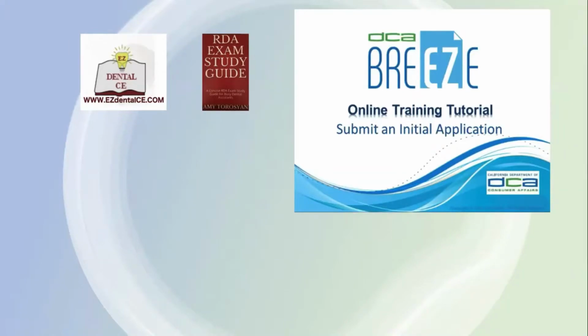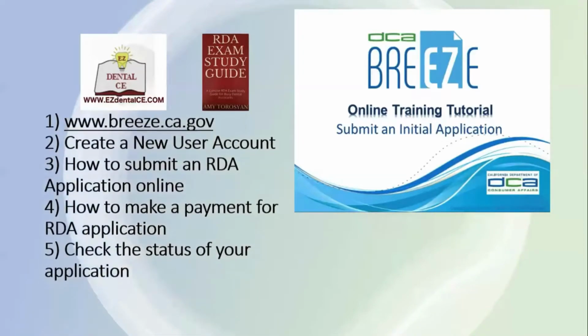In today's video, I will be covering the following. We will navigate the Breeze website. Second, I will create a new user account. I will show you how to submit an RDA application online, and then how to make a payment for the RDA application. And then last but not least, check the status of your application.